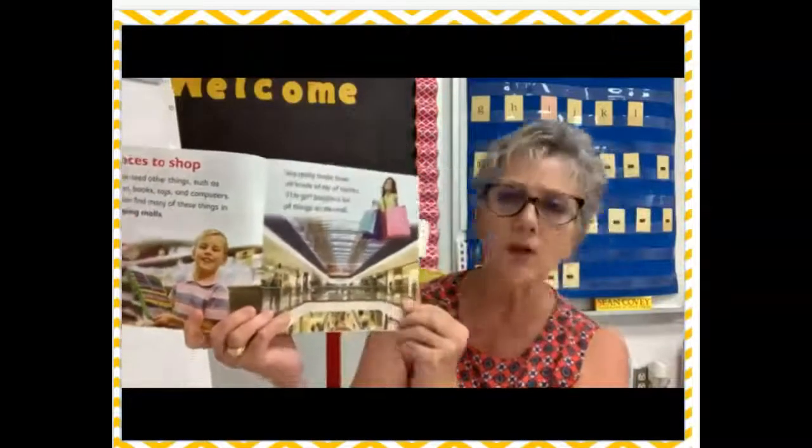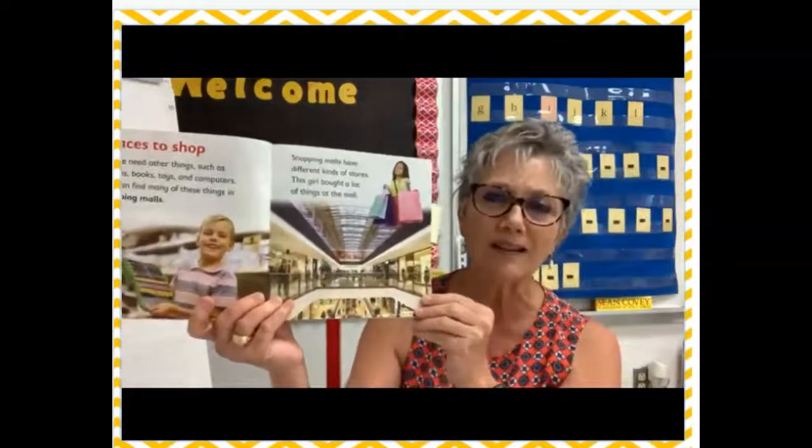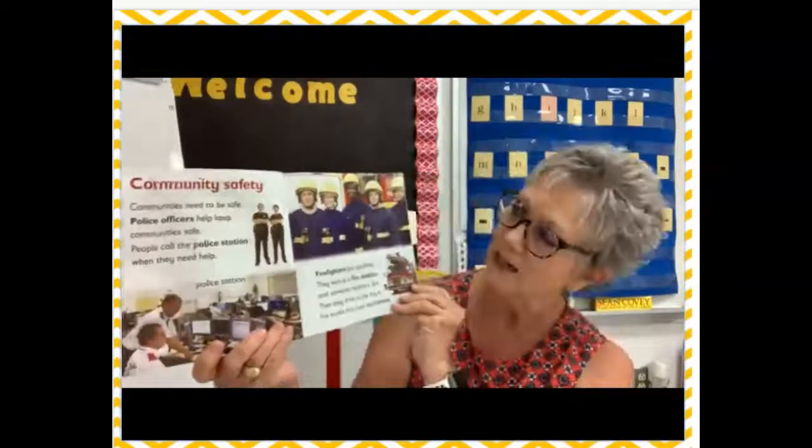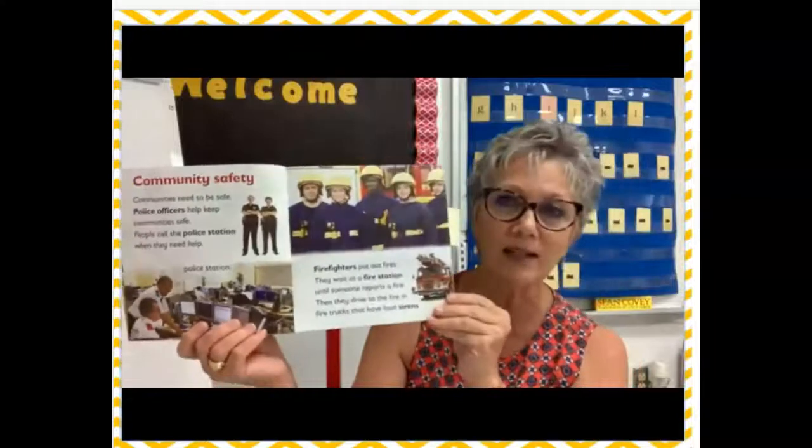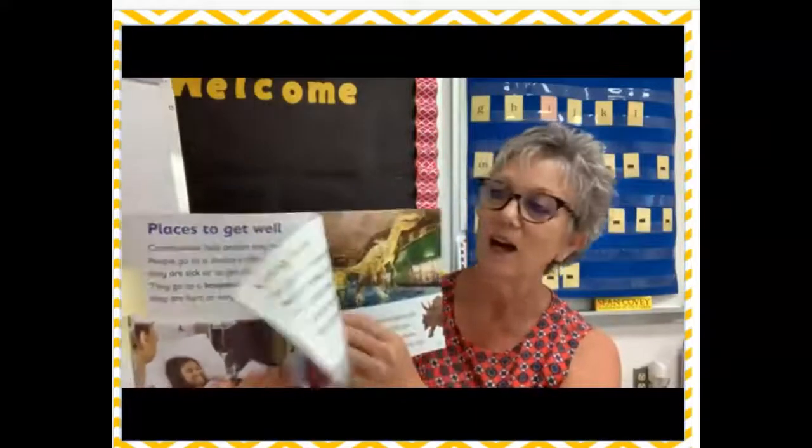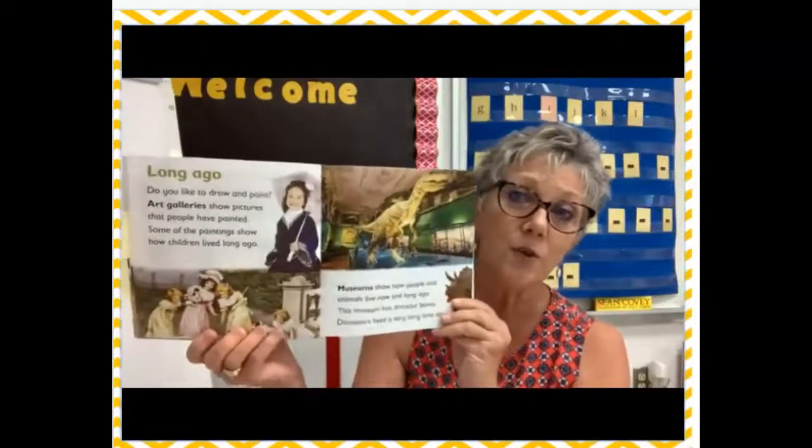Now, you usually have to go to Austin to go to a great big mall like this. We don't have those here in Elgin, but you could go to Austin or any big city. We have firefighters and policemen in our community. We have doctors that help us get well when we're sick. Oh, and you could even go to a museum. A museum is a place where lots of old artifacts are.